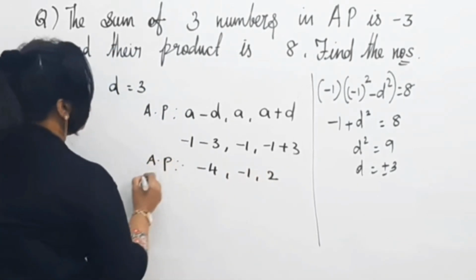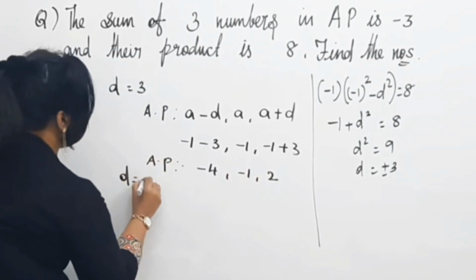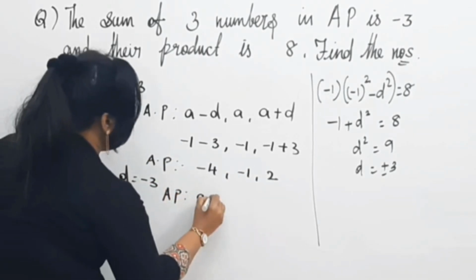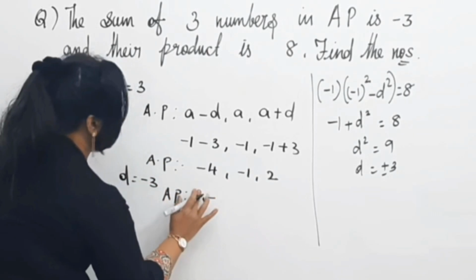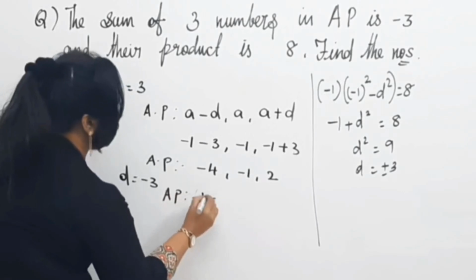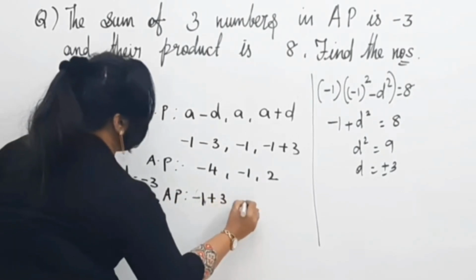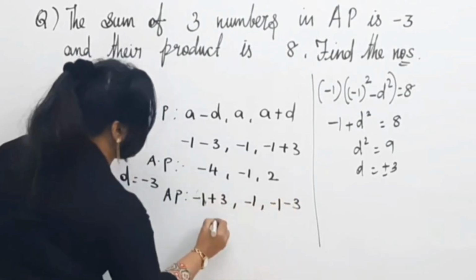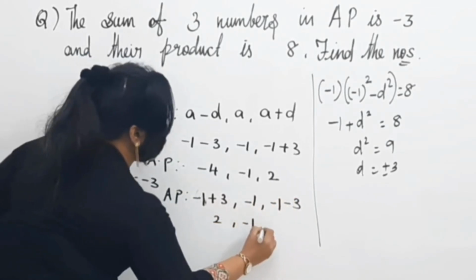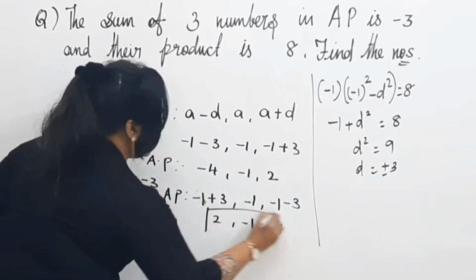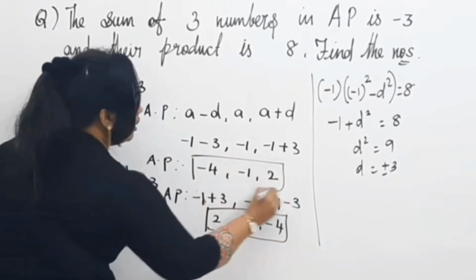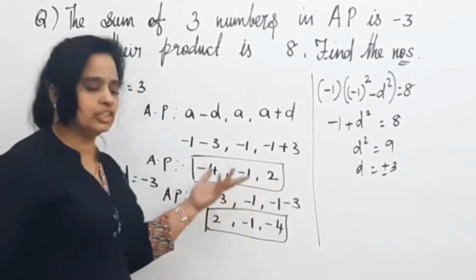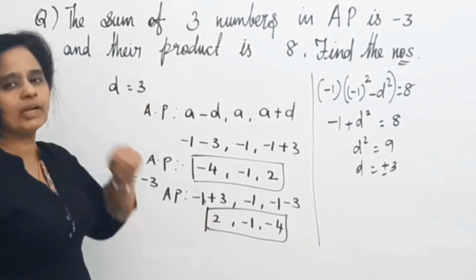And if my d is equal to minus 3, my AP becomes a minus of minus 3, that's plus 3. So minus 1 plus 3, minus 1, and then minus 1 minus 3. So that becomes 2, minus 1, minus 4. So the AP is minus 4, minus 1, 2, or 2, minus 1, minus 4. So this is my required AP.